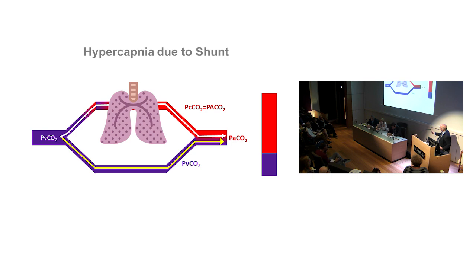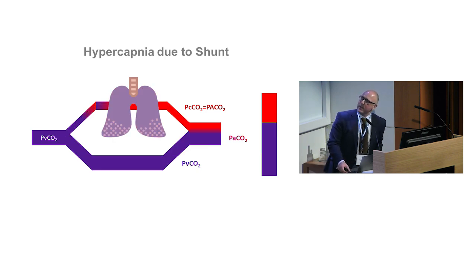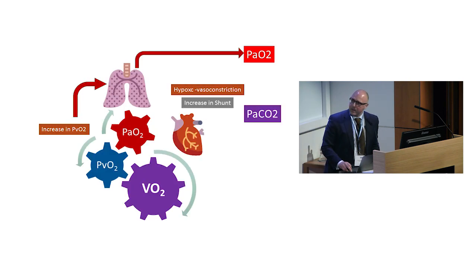If we think about the mixed venous CO2 that goes back into the lung, a proportion of this blood will go through the lung, and a proportion will not go through the lung. This is the shunt fraction. So some of the PvCO2 will get removed by the lung, and so the end-capillary CO2 will be similar, obviously, to the alveolar CO2. But there is a proportion of the blood, as you all know, that will not go through the lung.